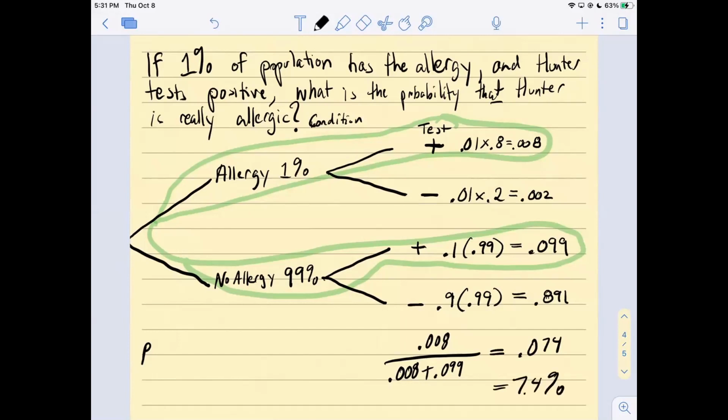So if you tested positive, the chance that you actually have an allergy is really, really low, 7.4%. And I'm just going to quickly write the formula here.